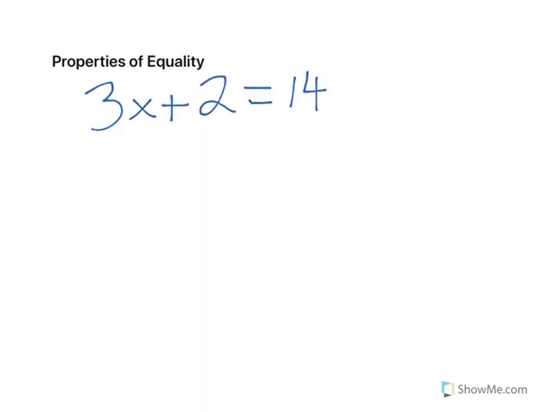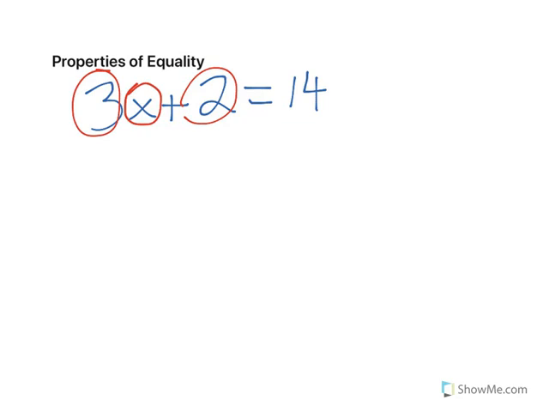Say you're given the equation 3x plus 2 is equal to 14, and you're told to solve for x, which means you want to get x over here all by itself. So you need to get rid of that 2, and you need to get rid of that 3. Well, the easiest thing first is get rid of the 2.